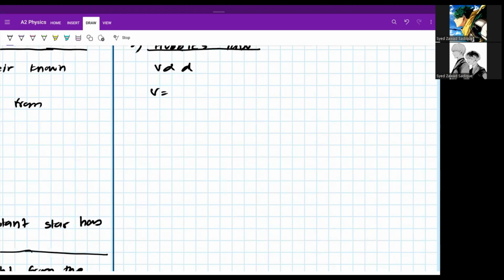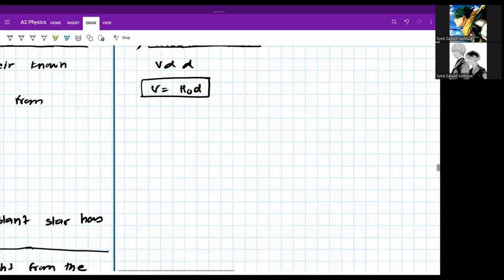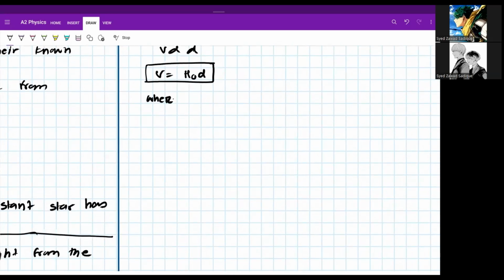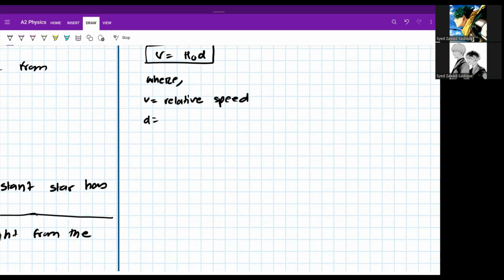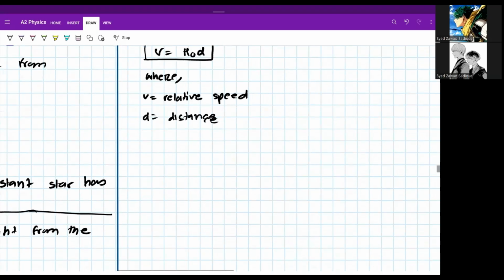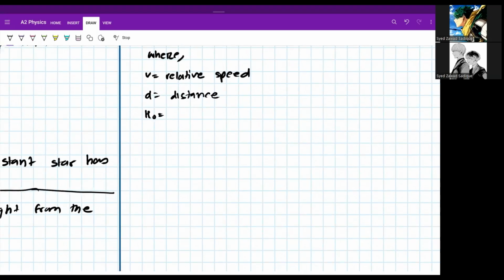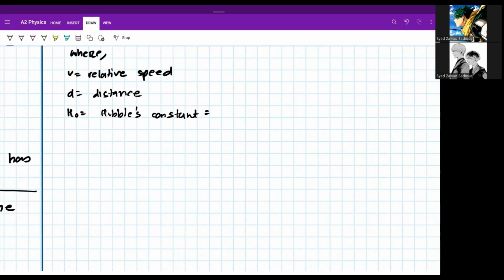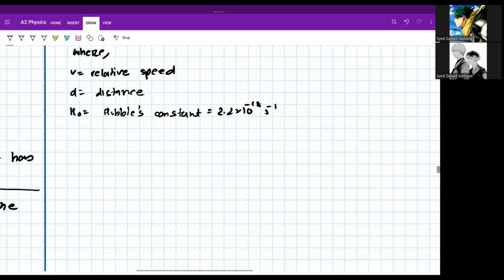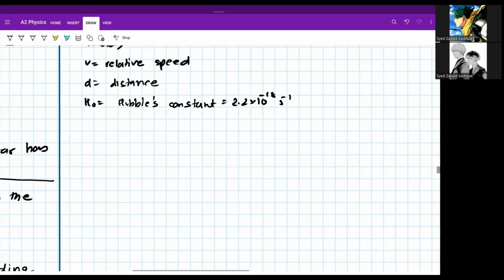So we can say V is equal to H naught D. H naught is Hubble's constant, where V is relative speed, D is distance, and H naught is Hubble's constant, which is 2.2 times 10 to the power minus 18 per second for the universe. Okay, for the universe.